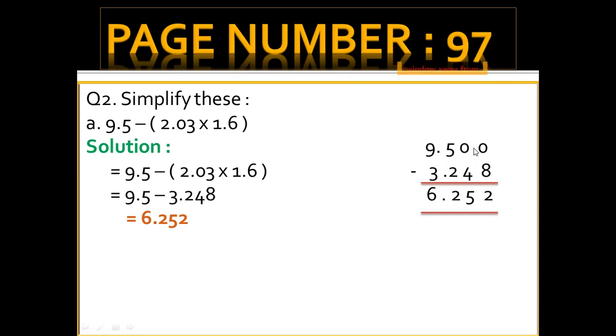In the previous place 4 is left. 9 minus 4 is 5. When we take the borrow, 8 will be left there. 8 minus 2 is 6. And 9 minus 3 is 6. 6.252. Because you know how to subtract decimal numbers, you know the addition of this. There is no new step for you.